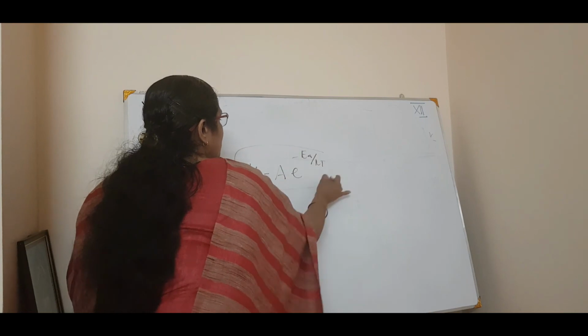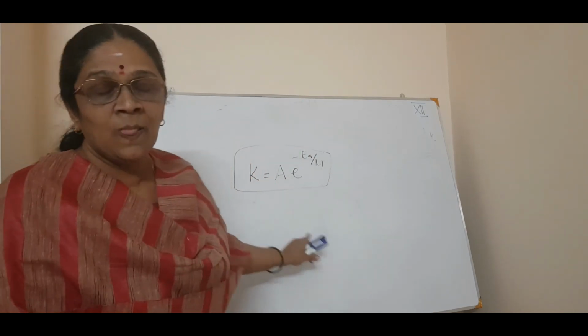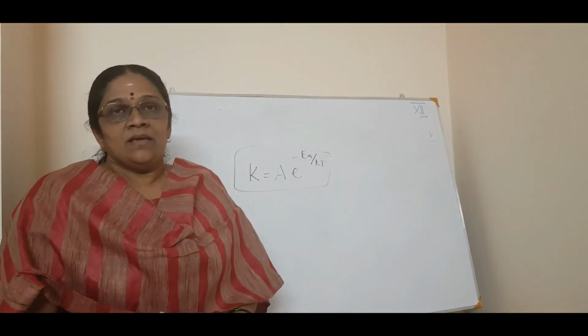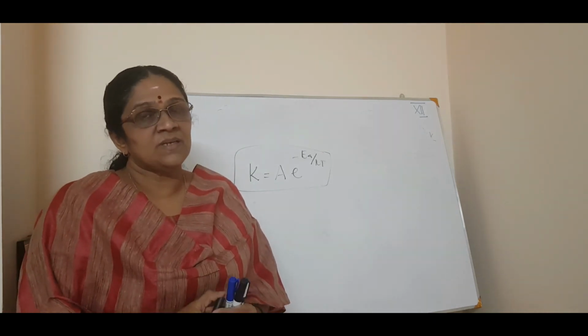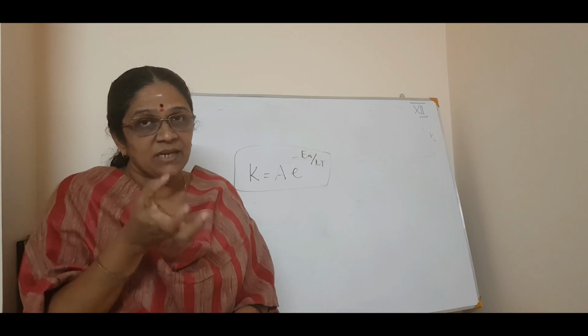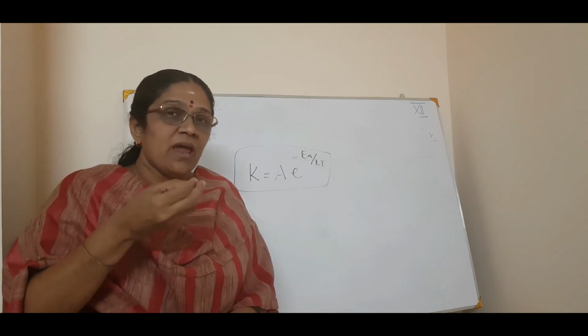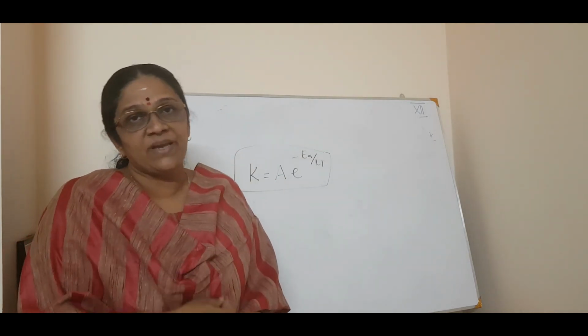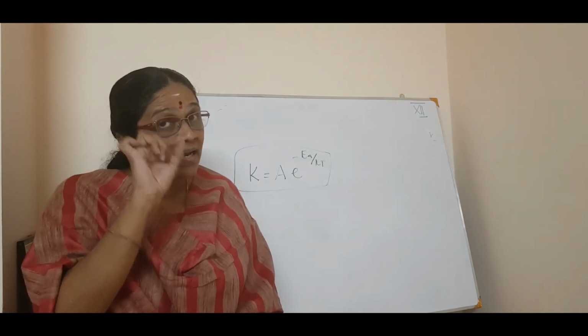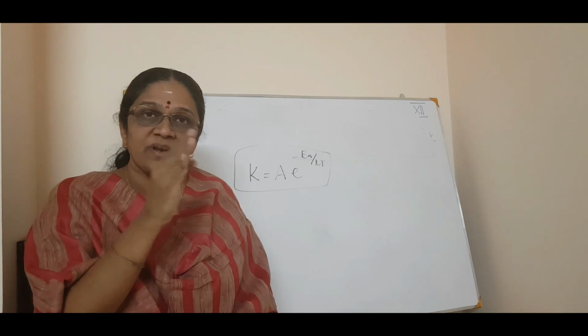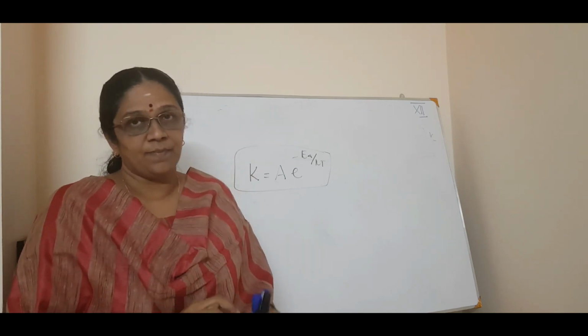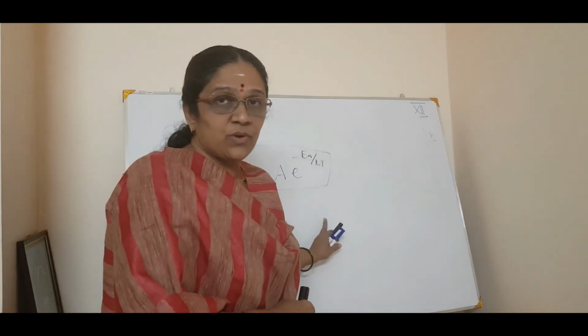This is a very famous equation called the Arrhenius equation, which states that for every 10-degree rise in temperature, it is experimentally seen that the rate constant or the rate of a reaction gets doubled. That is what Arrhenius found out.